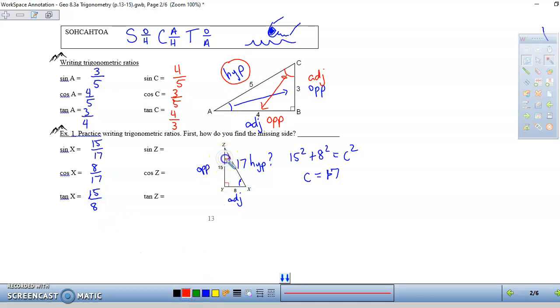For angle Z, as I stated, opposite is now going to be the 8. Adjacent here, hypotenuse is still the hypotenuse. So for angle Z, sine is opposite over hypotenuse. Cosine is adjacent over hypotenuse. Tangent is opposite over adjacent.